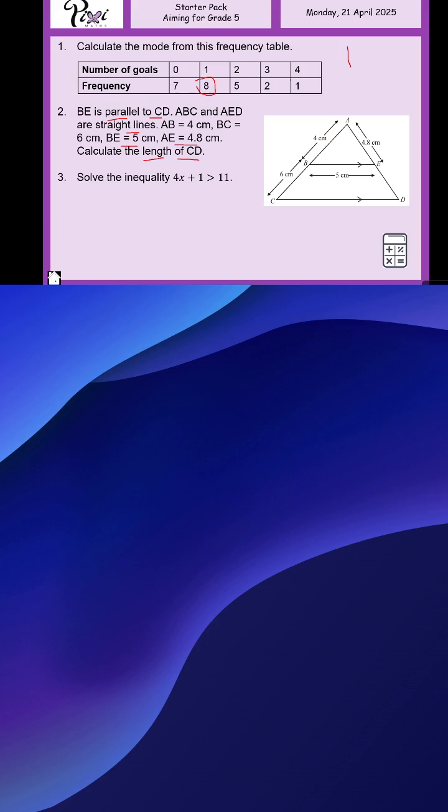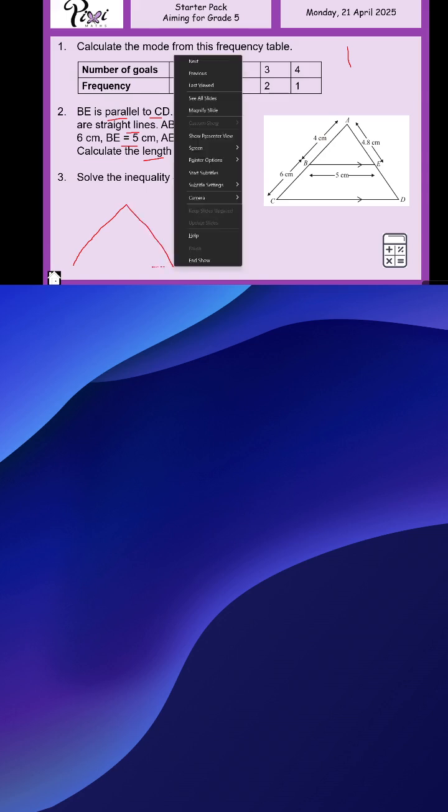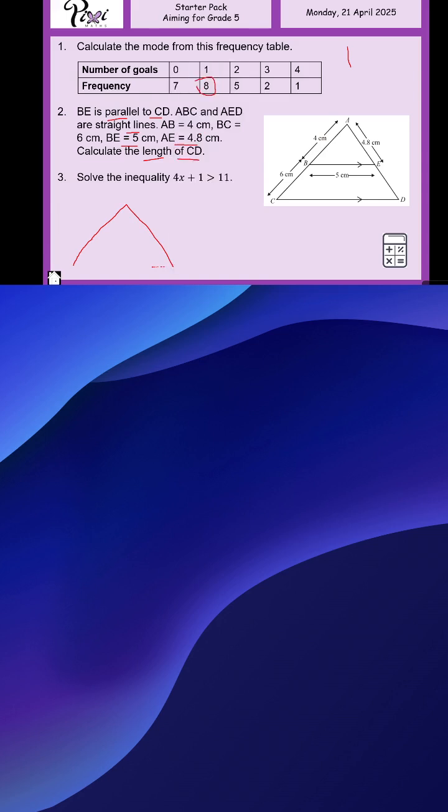Okay, so this is what I call similar shapes. You've got this big shape here, and this is appropriate for all the examples here for Edexcel, AQA, and OCR. You've got this small one, you've got this big one.